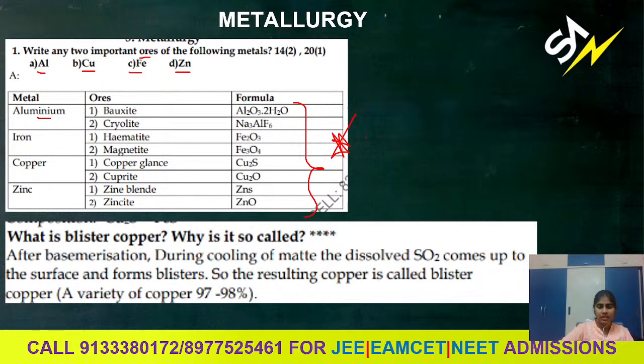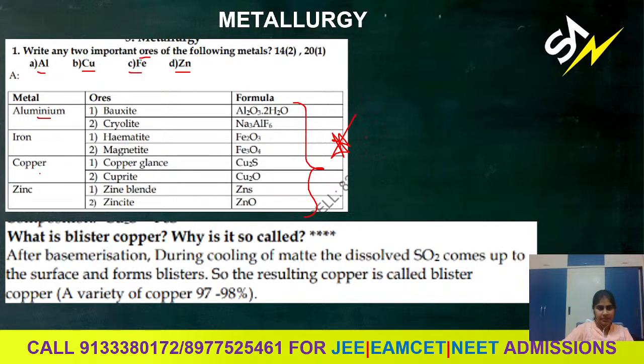Just remember the formulas of these few metals. For aluminium, bauxite, the formula is Al2O3, 2 moles of H2O. Cryolite, Na3AlF6. Practice more number of times so that you can remember these formulas. Next, for iron, hematite, the formula is Fe2O3. Magnetite, its formula is Fe3O4.